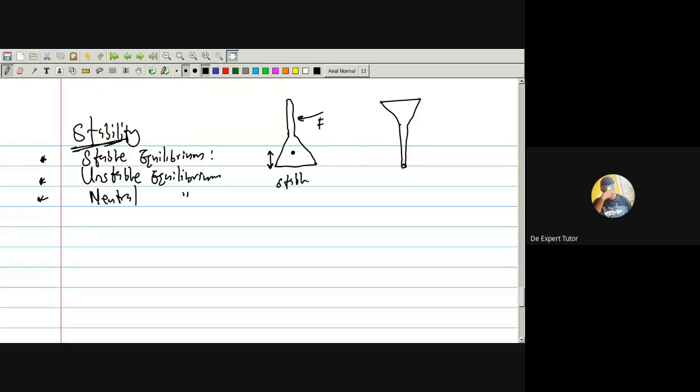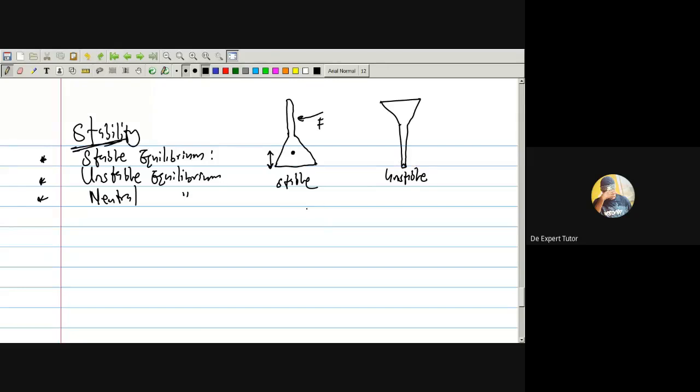When you give this body a slight displacement, it will move further away from its original position. An example is a funnel resting on its apex here. It is in unstable equilibrium.